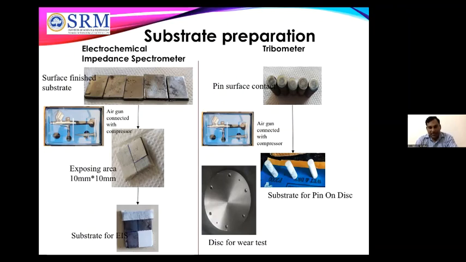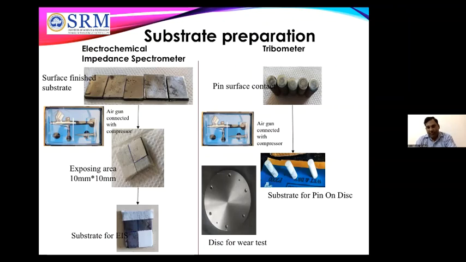So we just use tape on the other area which we don't want to expose, and whatever area we want to expose, we keep open, and we paint by using this spray. Similarly for the tribometer test, we want to calculate wear resistance and friction.